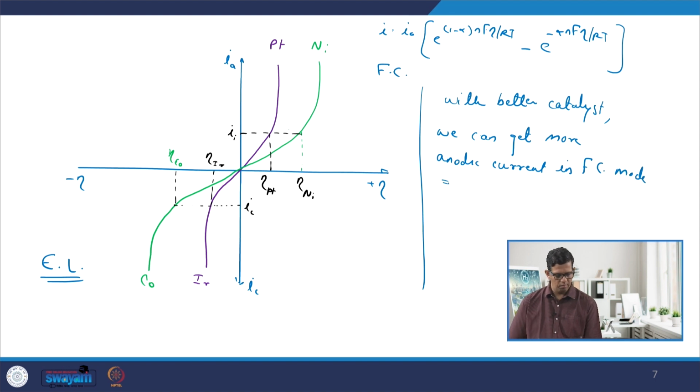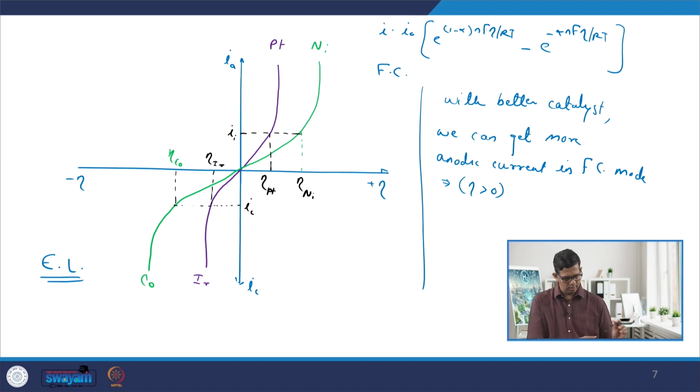That implies your eta is positive, and the same thing is also applicable in the case of an electrolyzer. With a better catalyst, we can get better or more cathodic current. In the electrolysis mode, eta will be negative in that case, right.